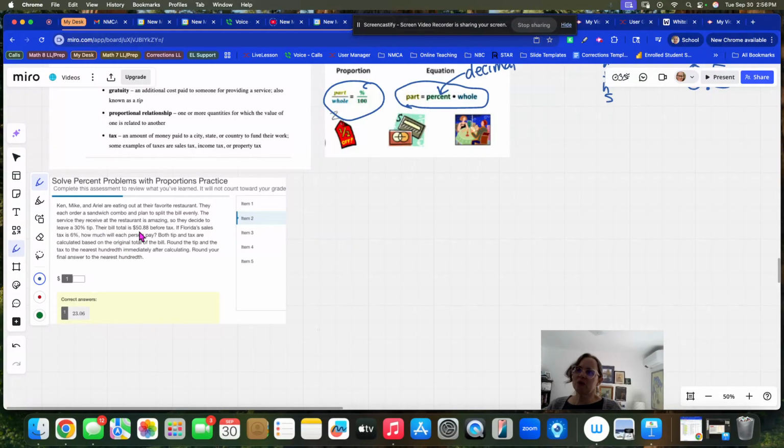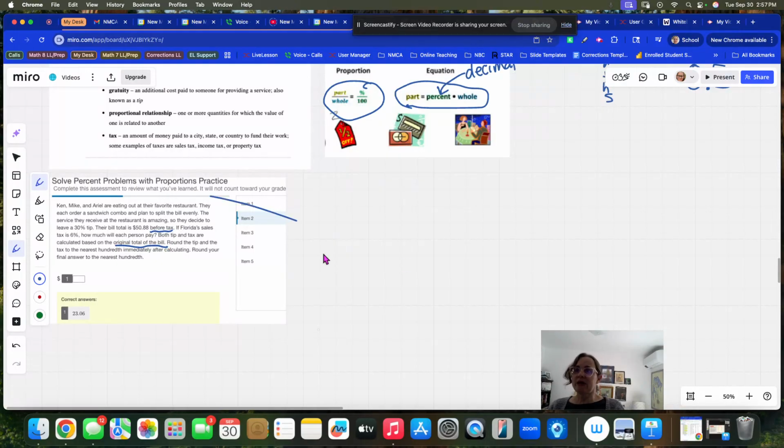Their bill total is $50.88 before tax. Florida sales tax is 6%. How much will each person pay? Both tip and tax are calculated based on the original total of the bill.